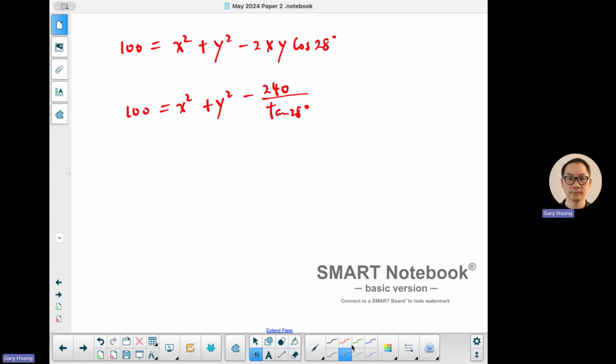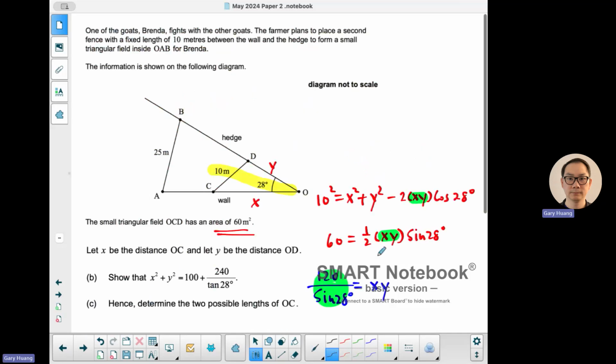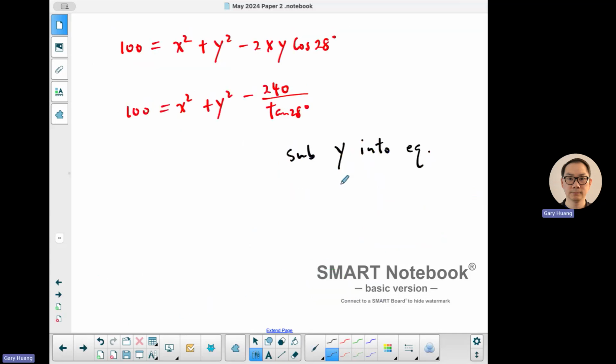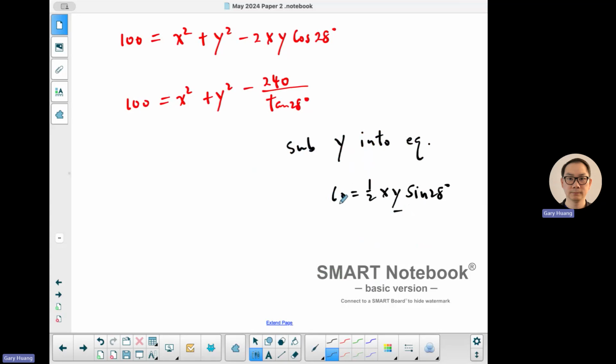Okay, so here I can then isolate y by itself and substitute y into the equation. How do I isolate y? Well, we're going to come here. See, you have the 60 is equal to half xy sine 28. I'm isolating y, so I'm going to bring the 2 over. So that's going to be 120 divided by x times sine 28 degrees.